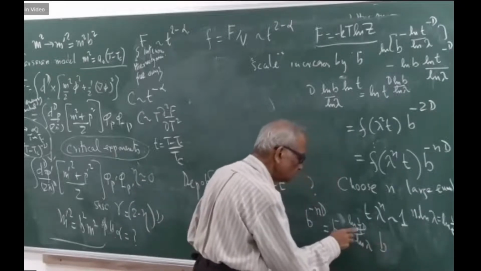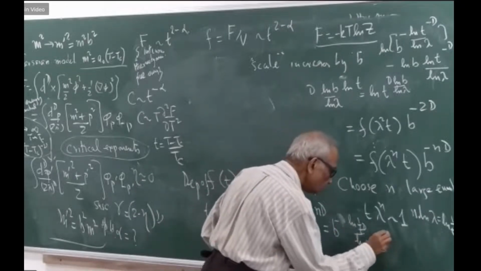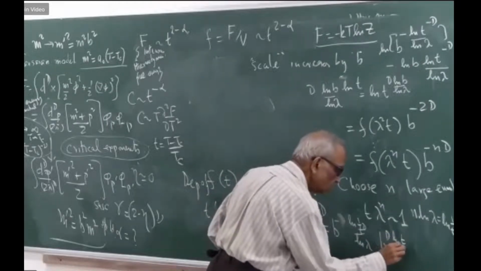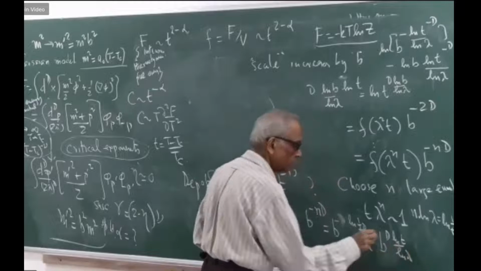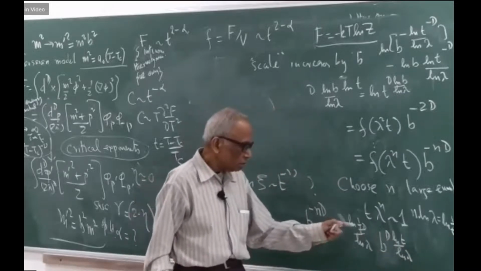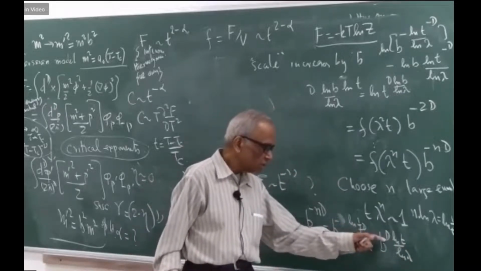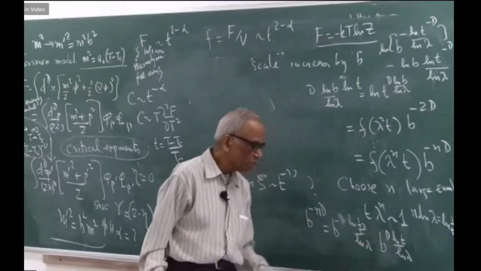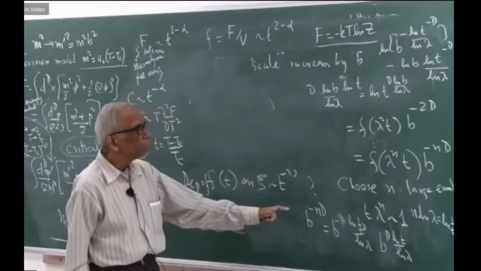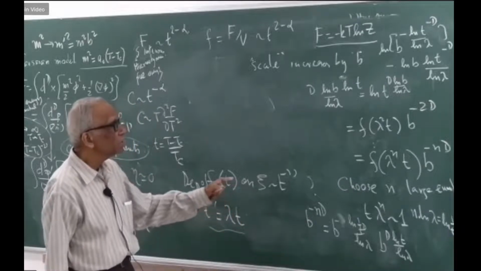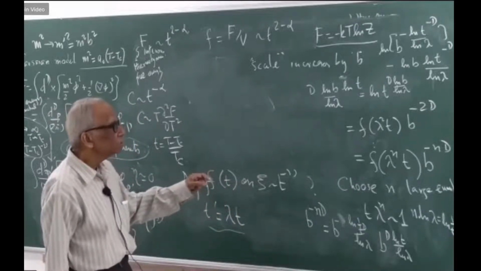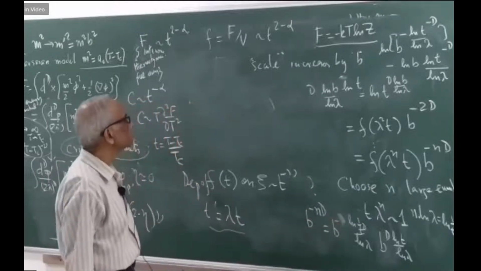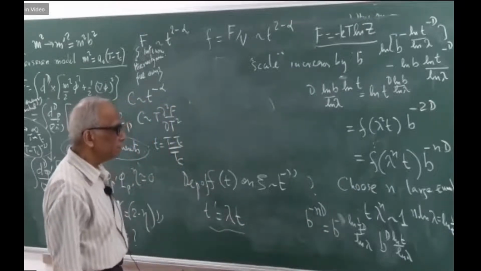So it is d log t divided by log lambda. Then d over here makes it t to the power d, and a minus sign makes it 1 over t to the power d. So b to the power minus nd is equal to b to the power minus that.